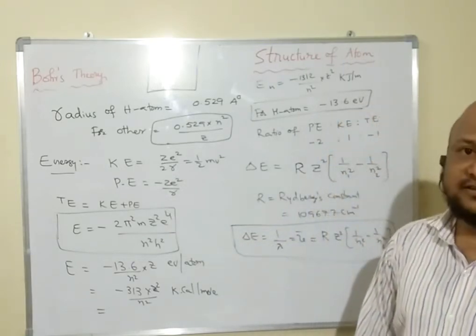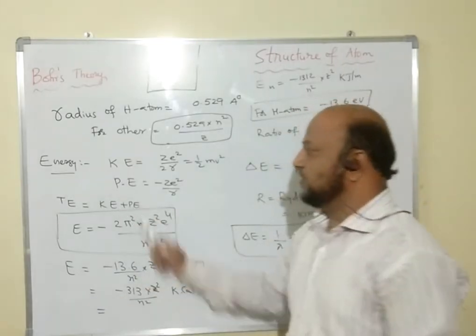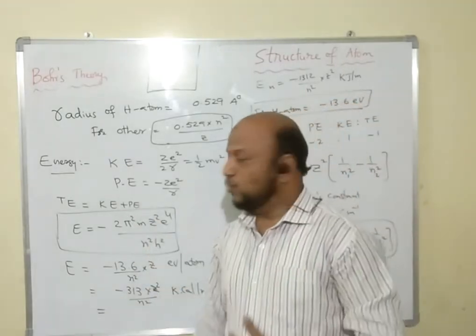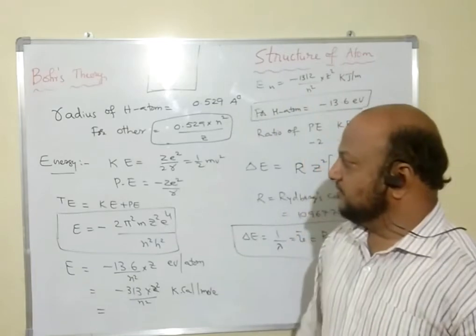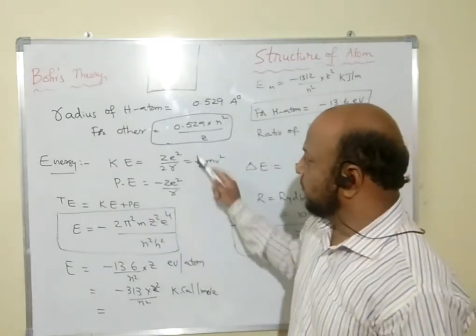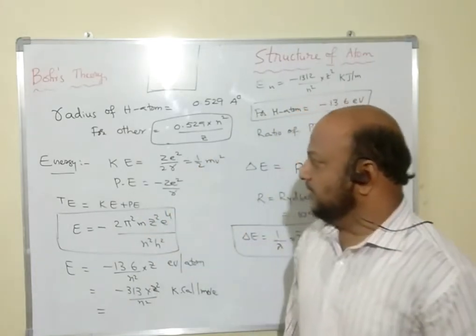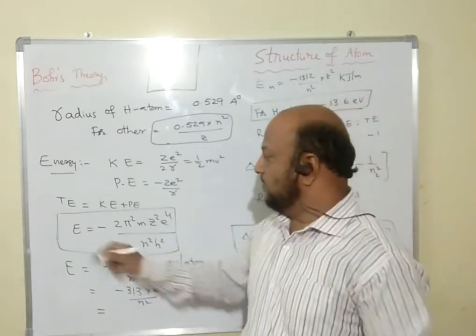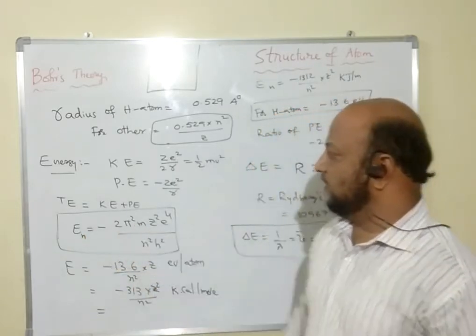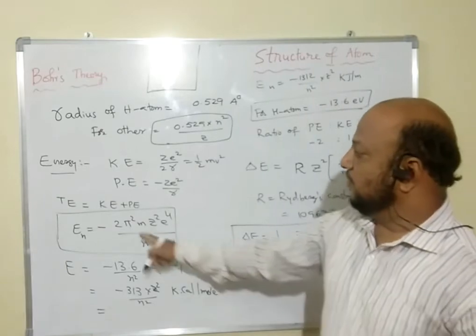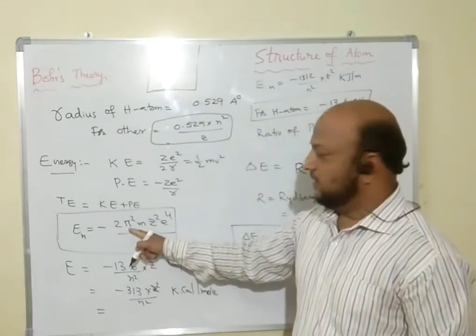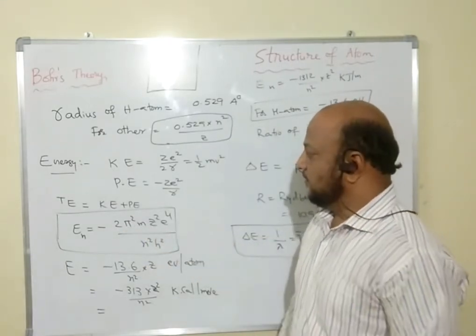Then the total energy: we know that kinetic energy plus potential energy is called the total energy. If you substitute these values and calculate the E value, we get En, for n number of orbits, is equal to minus 2 pi square m z square e power 4.